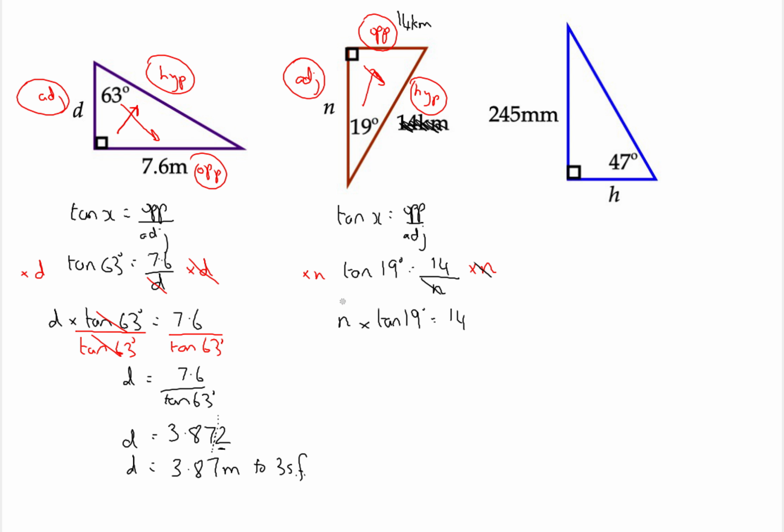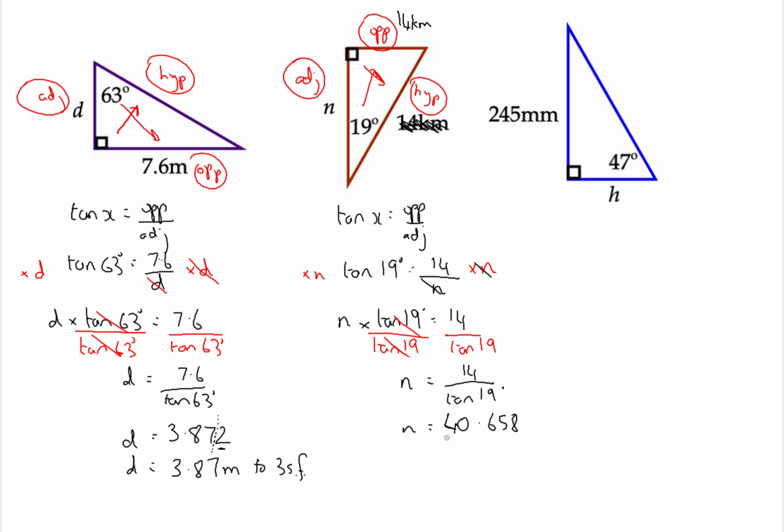Divide through by the tan of 19, so they cancel out, and we've got n is equal to 14 over the tan of 19 degrees. I can do that on my calculator. 14 divided by tan of 19, 40.6584.